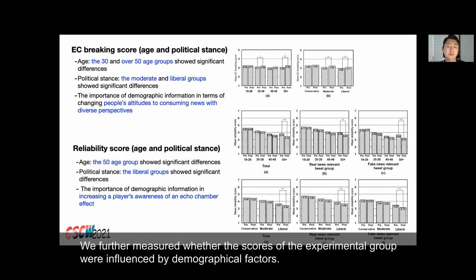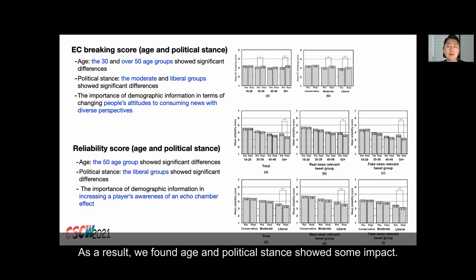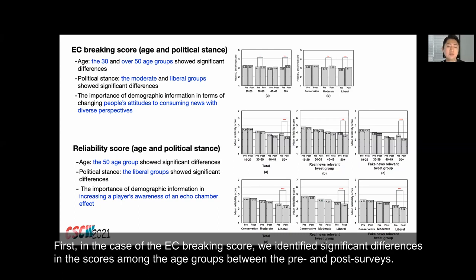We further measured whether the scores of the experimental group were influenced by demographic factors. As a result, we found age and political stance showed some impact. First, in the case of the EC breaking score, we identified a significant difference in the score among the age groups between the pre and post surveys.